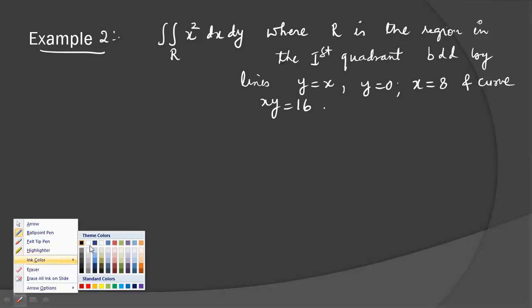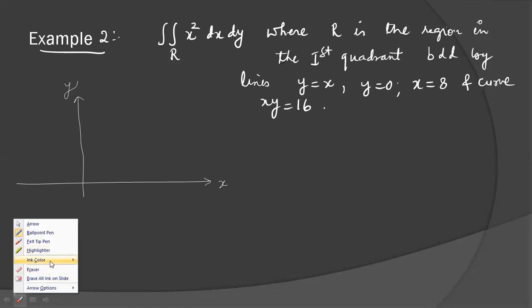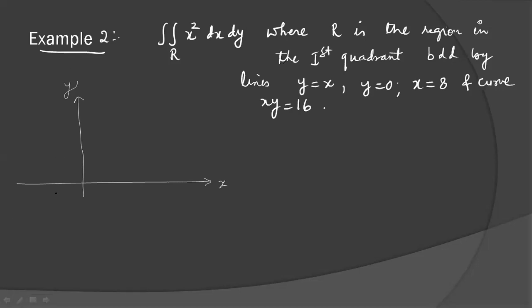Remember, the bounded region must be bounded by all these 4 curves. What are these 4 curves? You can see here, this is your x-axis, this is your y-axis. We are interested in only the first quadrant, so I am making the first quadrant large here. Now, the line y equal to x is this one.